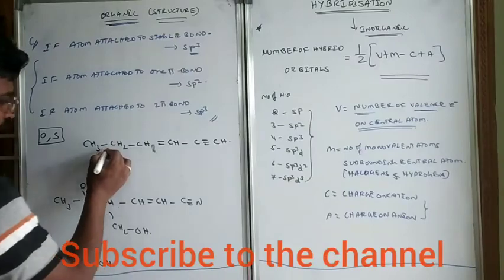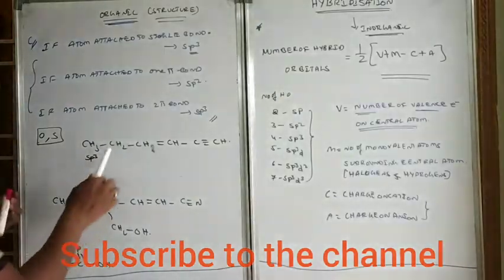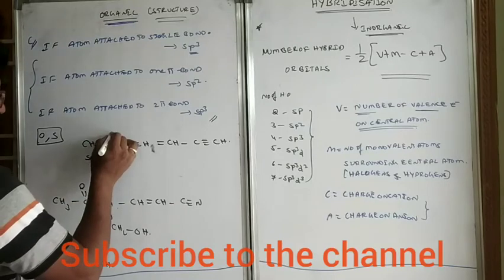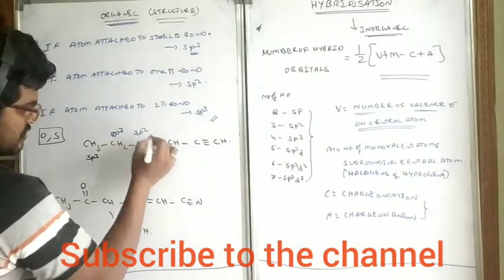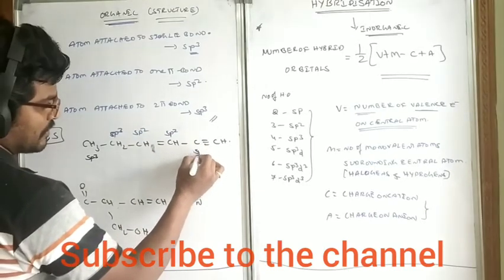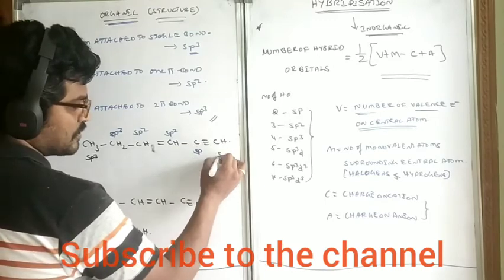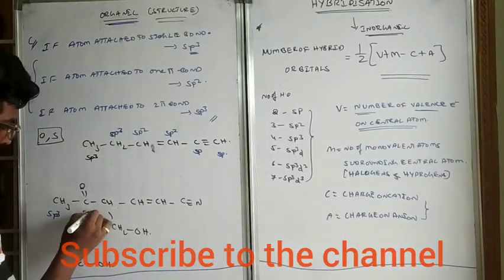Here you see this is having only one sigma bond attached, so it is sp3. This is also single bonds on both sides, sp3. Here you see one pi bond is attached, so sp2. Here also sp2. Here you see 2 pi bonds, so sp. Here also 2 pi bonds, sp. In this case sp3, sp2.